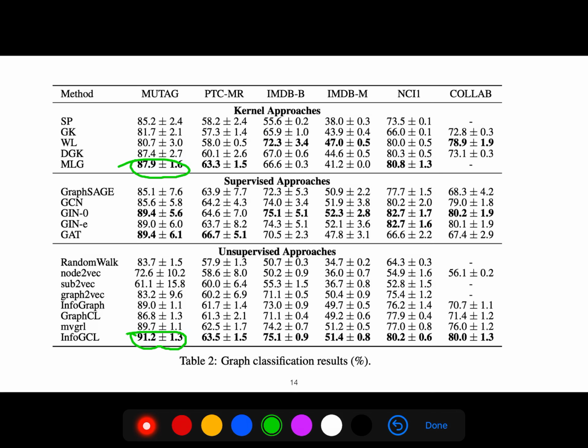Also for NCI1, 80%, almost the same, but here the variance is smaller. So in general, we can say that there is a slight improvement, very slight improvement with state of the art.